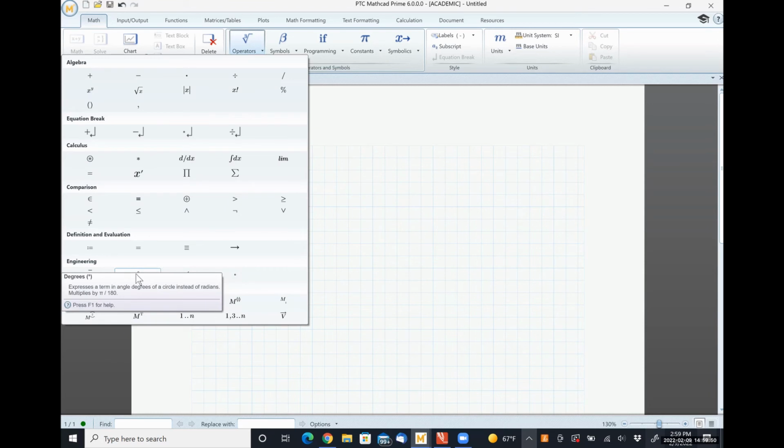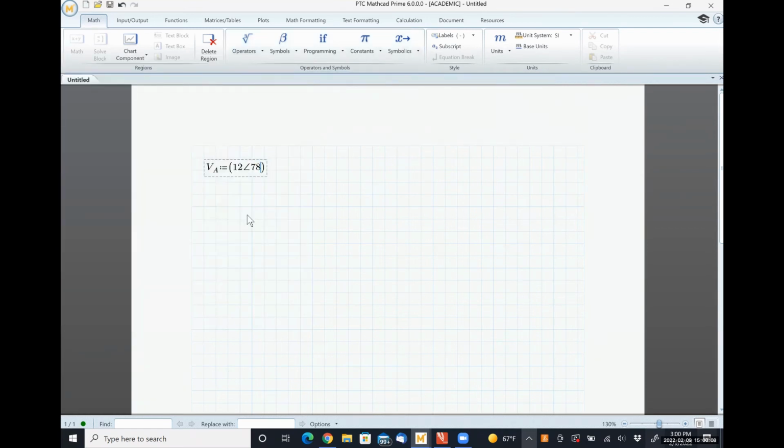There is a degree symbol that we can use. Notice there is not a keyboard shortcut. So we would have to constantly come into this menu and click this thing, which to me seems wildly annoying. So what you can do is just type in DEG, and that is effectively the same thing as the degree operator, okay?